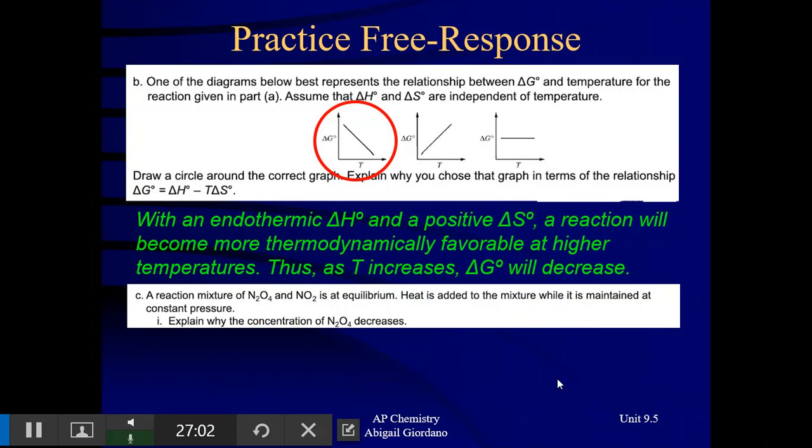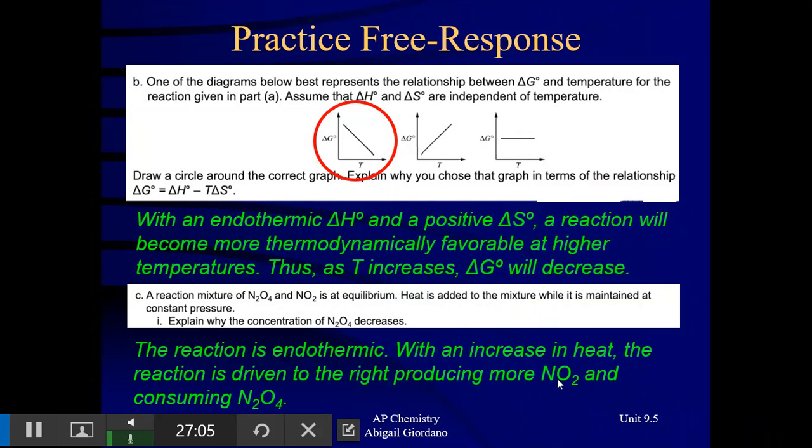So let's see. So I said the reaction is endothermic. With an increase in heat, the reaction is driven to the right, which will produce more NO2, that's a product, and consuming N2O4, our reactant. That's why its concentration is decreasing.